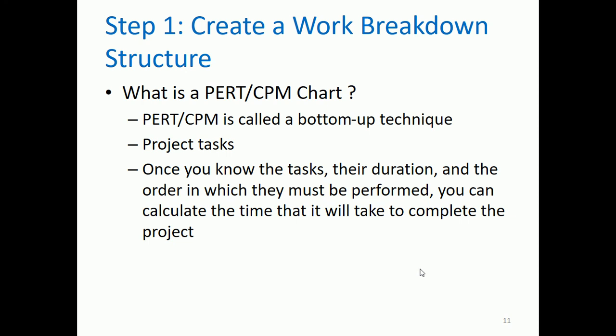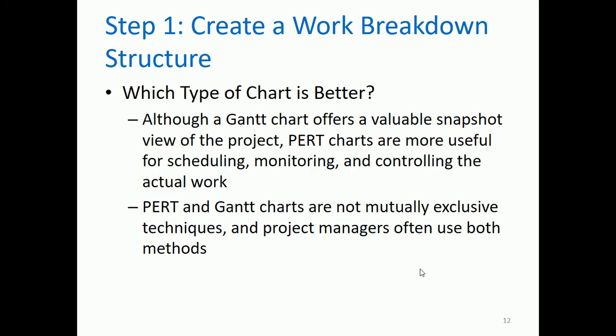It is composed of project tasks. Once you know the tasks, their duration, and the order in which they must be performed, you can calculate the time it will take to complete the project. So it is easier if you already know the tasks, their duration, and the order, and PERT CPM will come in handy.